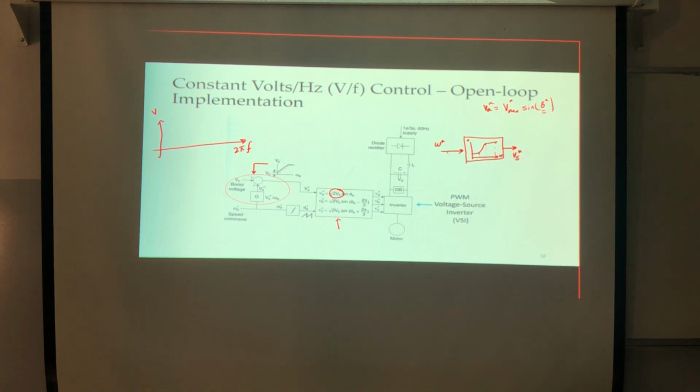Yeah, simply, if I take this one here, if I integrate it, let's say the integration, I will not use 1 over S, because S in general is for the slip in the induction machine. And this will be what? Theta star. Now, I have Vs star and theta star. I can build what? VA reference. The B and the C are shifted by what? 120 degrees. By 120 degrees.